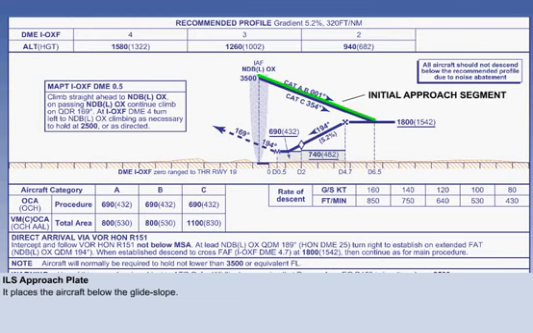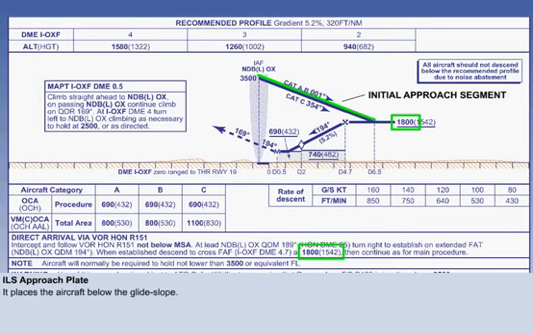It also requires a descent to not below 1,800 feet on the QNH or 1,542 feet on the QFE, as we see in brackets.